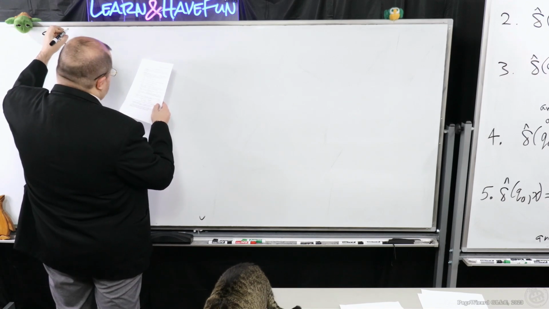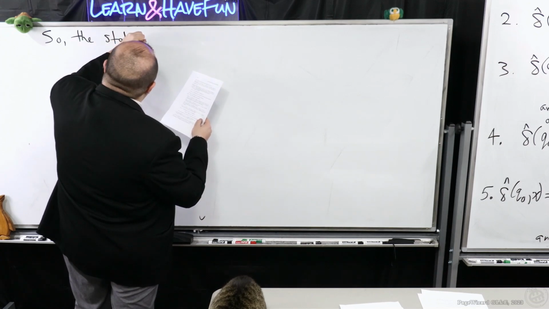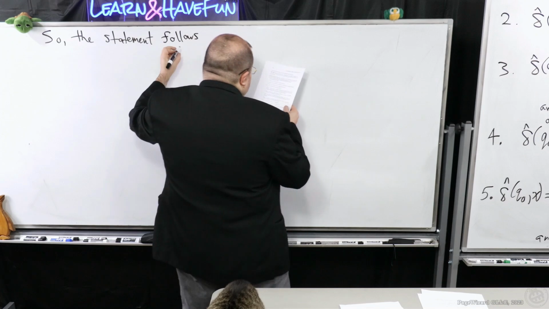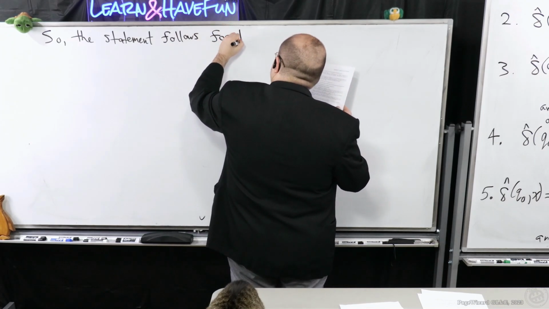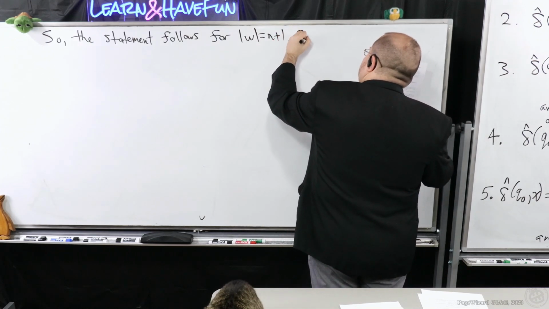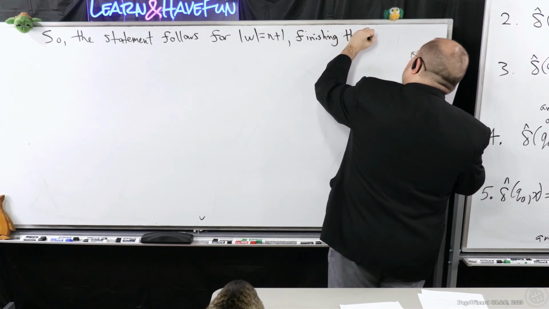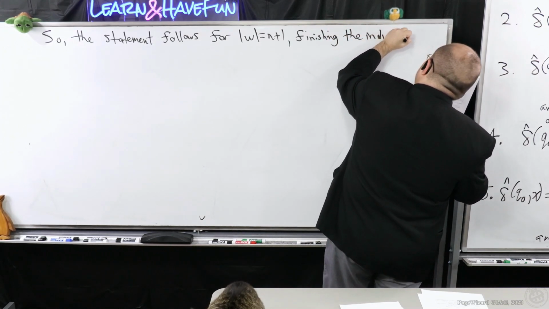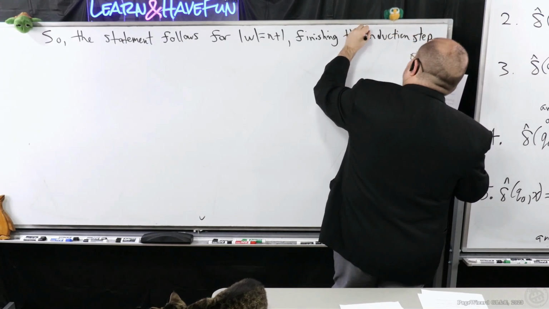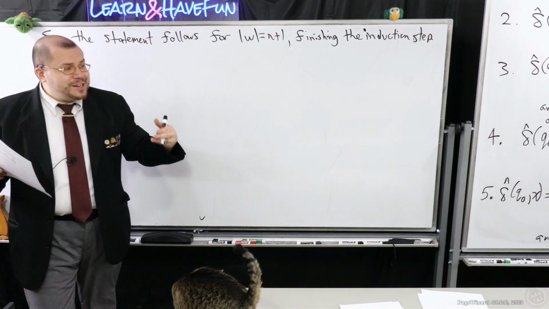So the statement follows for when the length of the string is equal to n plus 1, finishing the induction step. Now we just invoke the principle of mathematical induction to finish up the proof.